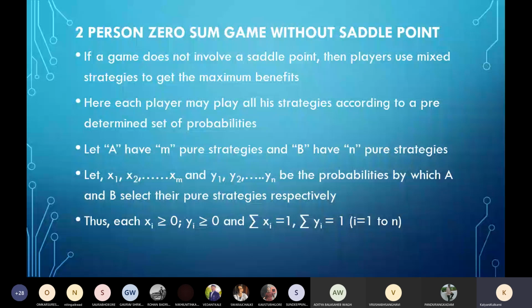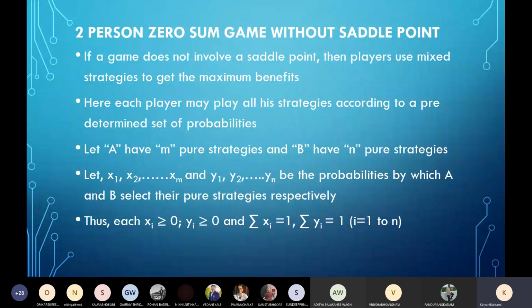Here, each player may play all his strategies according to a predetermined set of probabilities. Whatever elements you see in the matrix, the cell values, those are nothing but the probabilities for those respective players. Again, rows will be signified by one player and columns by the other player.